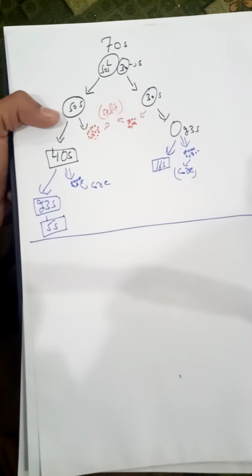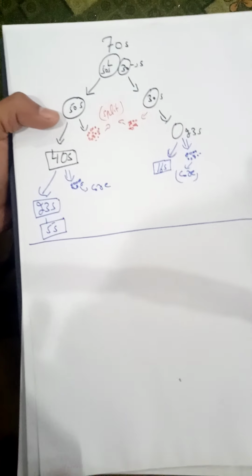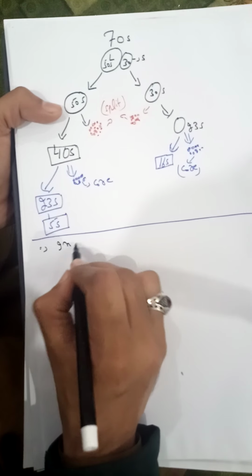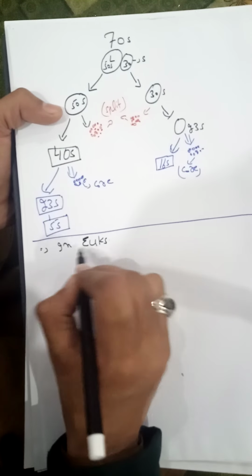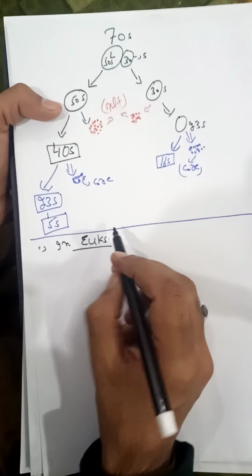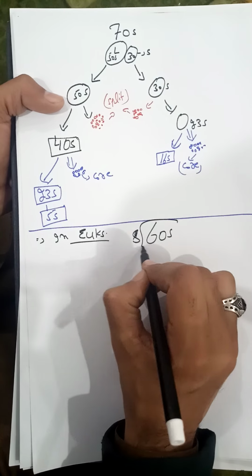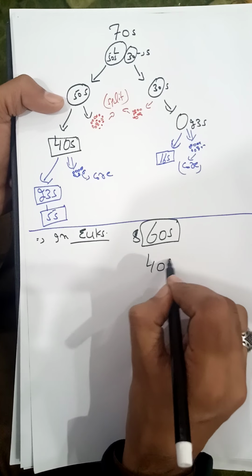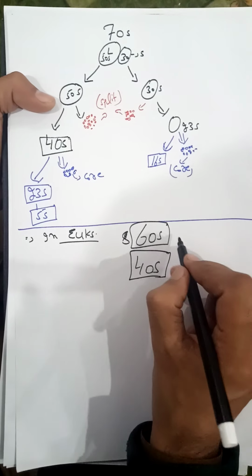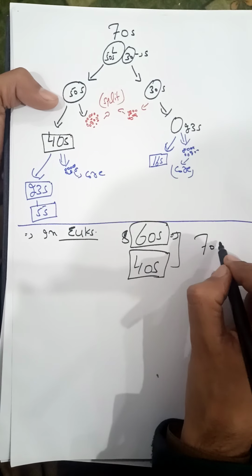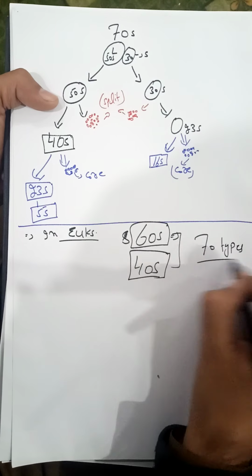The eukaryotic ribosomes also contain proteins. The eukaryotes contain the larger subunit, that is the 60S, and the other one is the 40S. The 60S and the 40S combined contain 70 types of proteins.